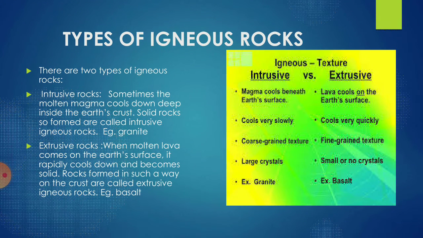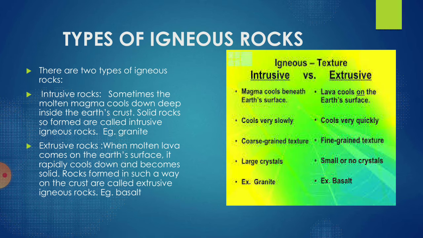Now types of igneous rock. Again, igneous rock is also divided into two types of rocks. Intrusive rock. Sometimes the molten magma cools down deep inside the earth crust. Solid rocks so formed are called intrusive igneous rocks. For example, granite.